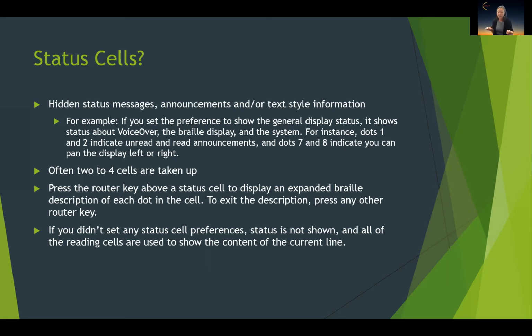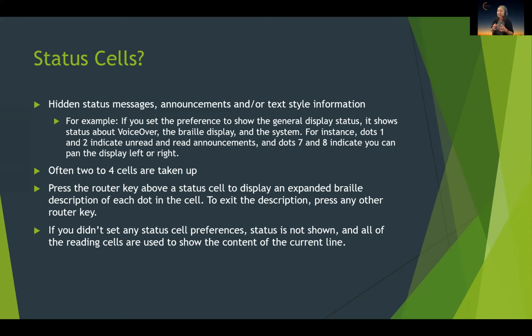Then you can press what's called a cursor routing key, which is a button above the Braille cell. We'll talk more about that. You press it to open up and expand that message. Then to exit that message, you would hit another cursor routing key and you would go back to what you were originally looking at. So that's an efficient way to get access to information that's happening in the background of your device. If you need to toggle back and forth between certain things, or you can just keep doing the task you're doing.